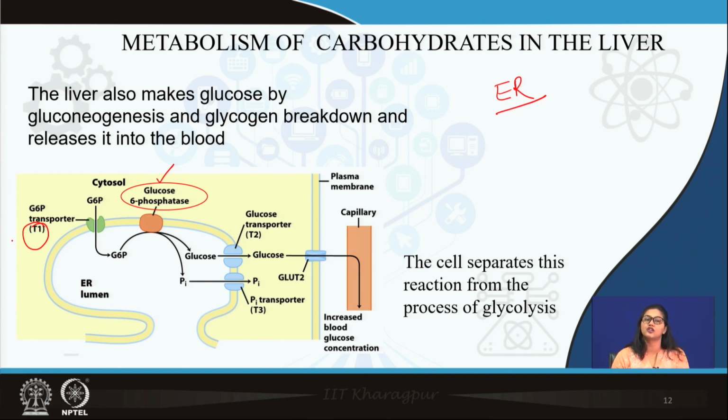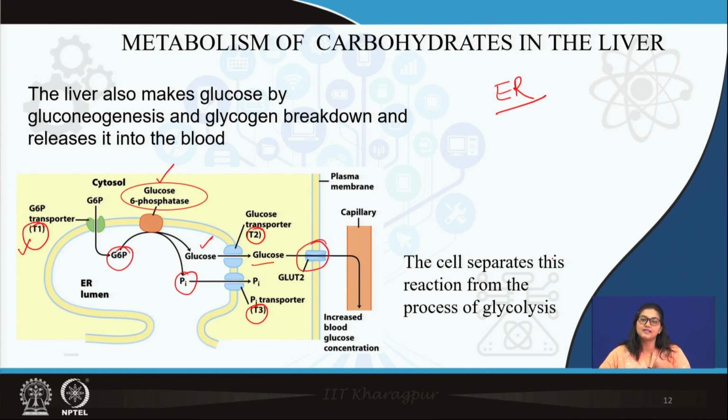That glucose 6-phosphate enters inside the endoplasmic reticulum with the help of the glucose 6-phosphate transporter T1. Then, via glucose 6-phosphatase, it forms glucose and inorganic phosphate. Those come out from the endoplasmic reticulum: glucose comes out via the T2 transporter, and inorganic phosphate comes out via T3, and finally the glucose enters the circulation via GLUT2.